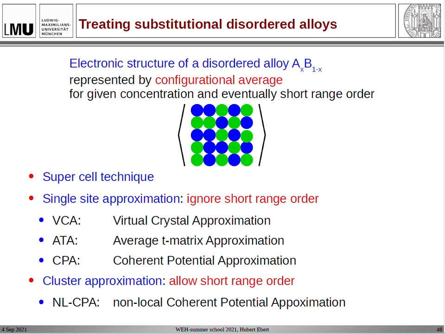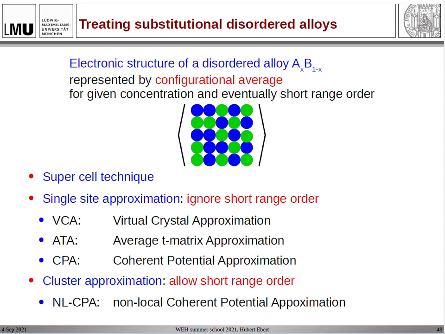Another road started, so to say, with a very simple approximation, namely the so-called virtual crystal approximation. You take an average of the A and B components, and then you do a standard calculation. So iron and cobalt, these were standard examples, are next to each other in the periodic system, or silver and palladium.